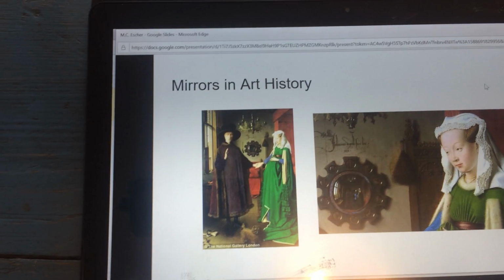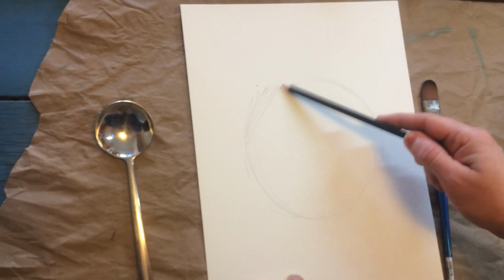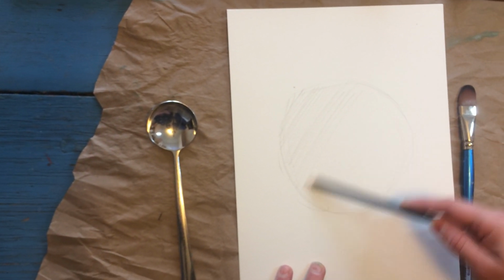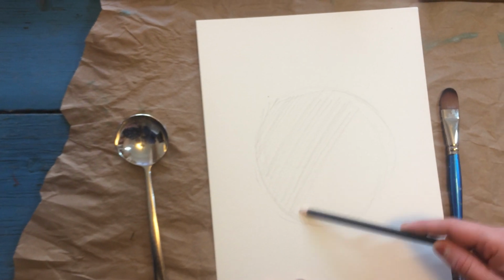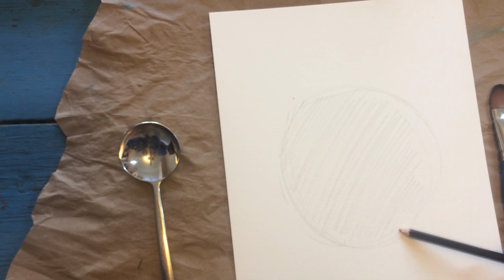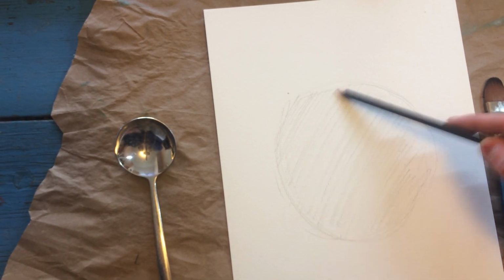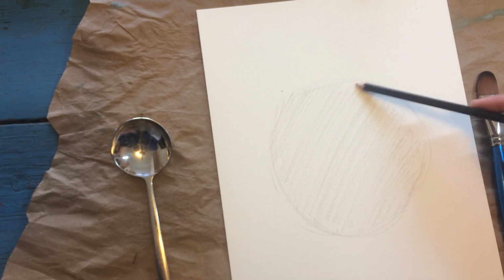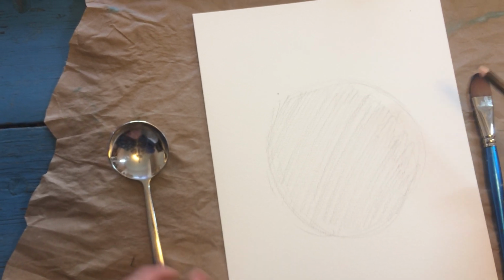So you want to think about contrast, but one thing that can help you is to basically make your whole mirror one value to start off with, which is automatically going to make us see this as a different surface.